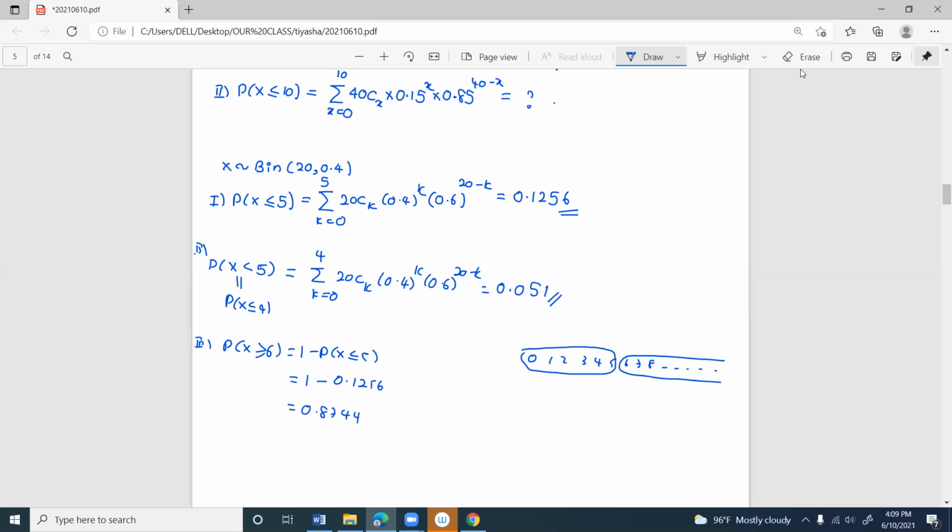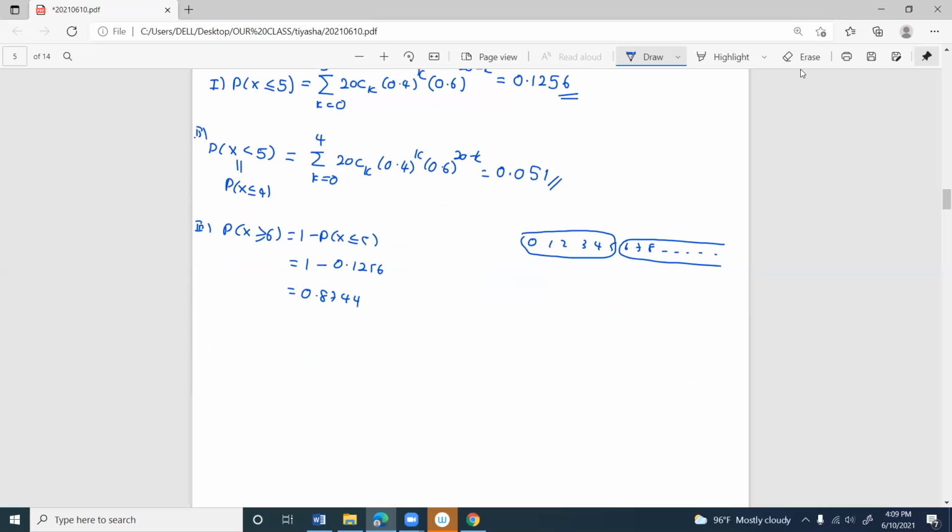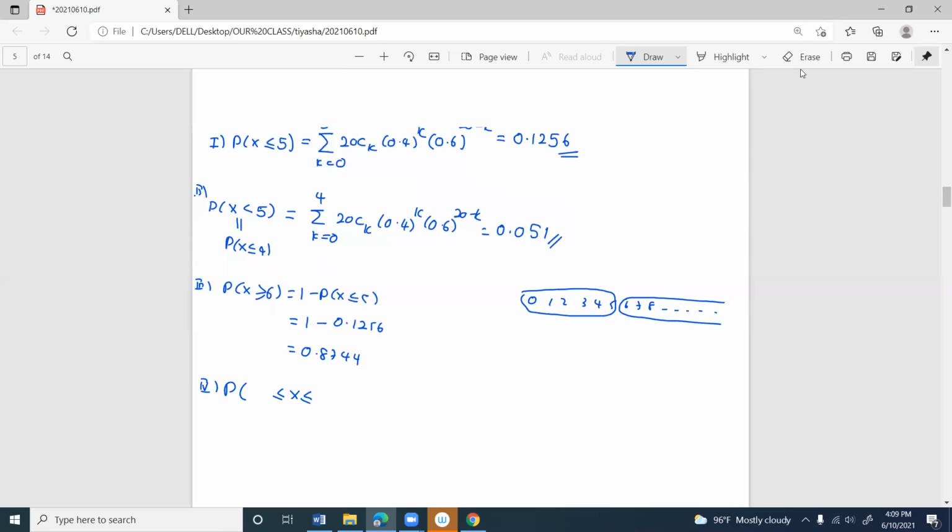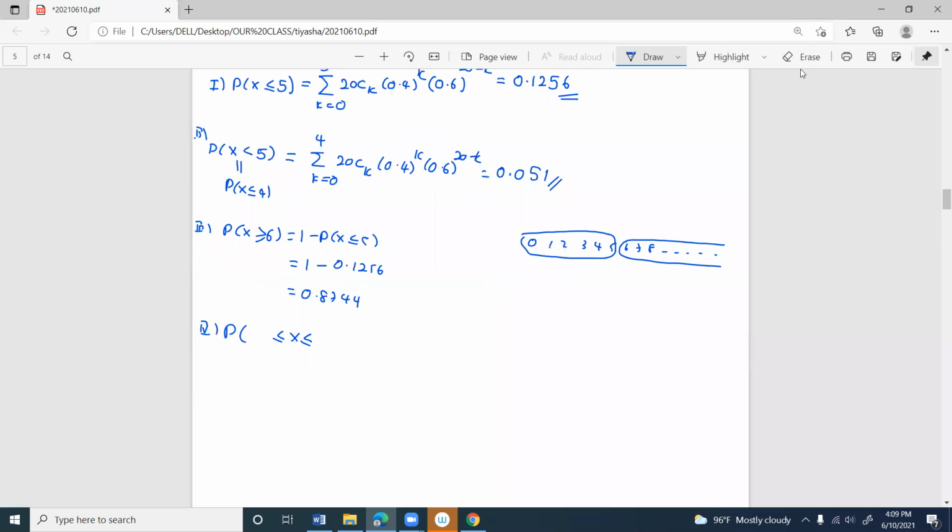Okay, right. The next fact, this is the point you need to understand. The probability of X is between 10 and 15. There are a couple of ways you can do it.